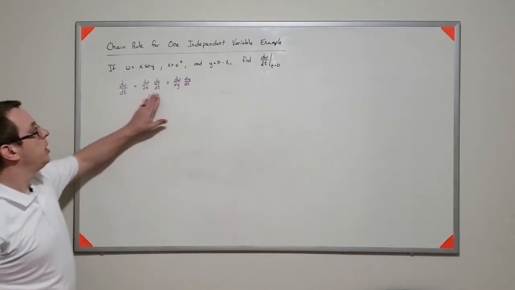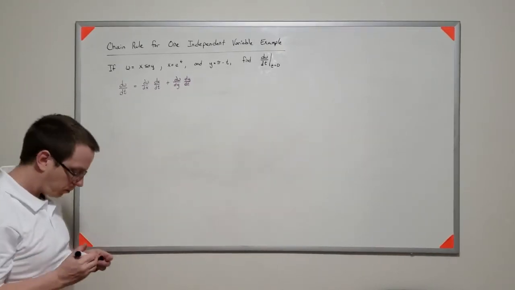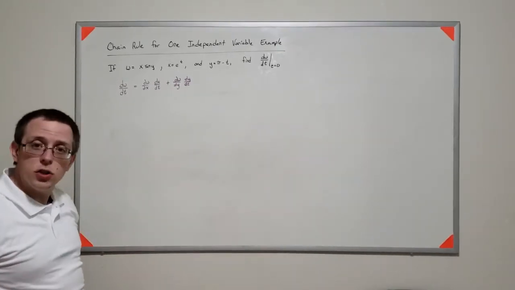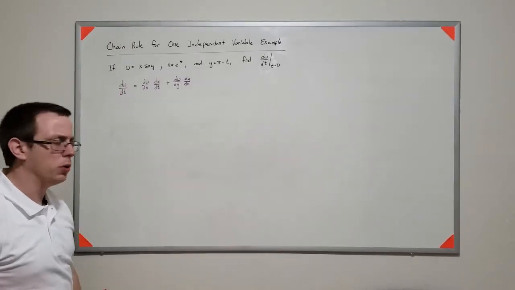So what that tells me is I need 4 quantities to make this work. So let's go ahead and solve for what those are. And there's a little trick that we also need to do along the way.